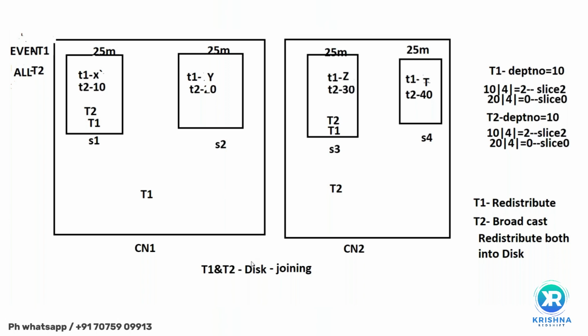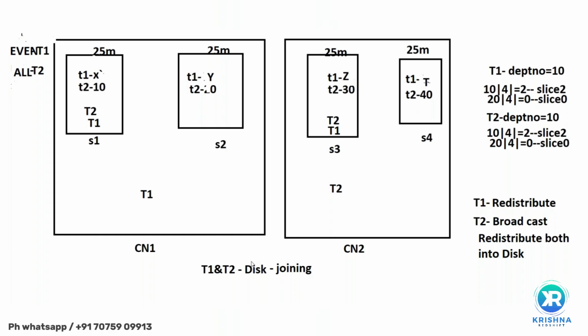Why are we moving data like this? Order is already distributed based on order number, but customer is not. So you have to redistribute customer table again based on order number. Why order number? Because if you want to match order number from customer table and order number from order table, they should be present in the same place.